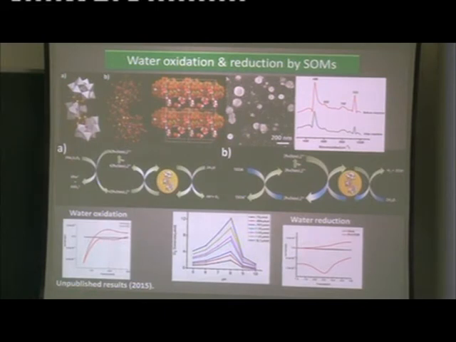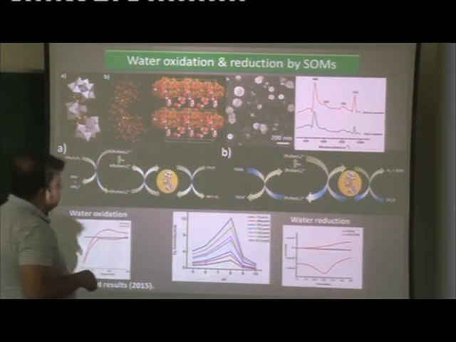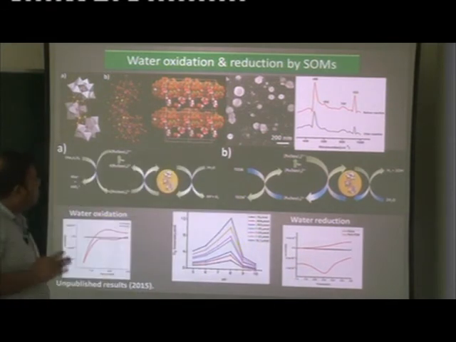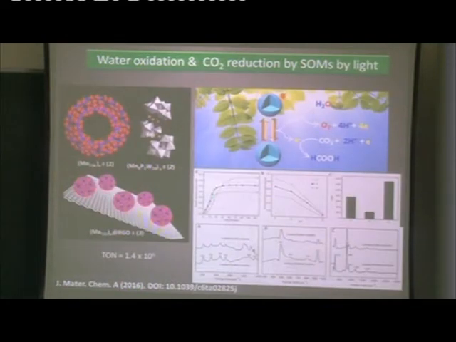Having shown that, we found another very interesting result, same with the manganese phosphotungstate polyoxometalate when it forms SOMs, is that it does water reduction in addition to water oxidation. We did not publish this result. So what we thought, rather intuitively, is that it must be possible to couple it with water oxidation and carbon dioxide reduction.